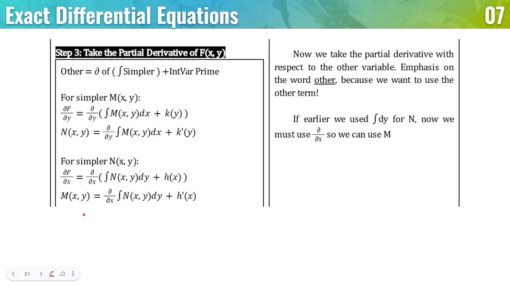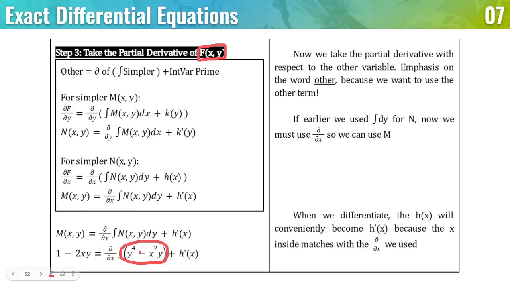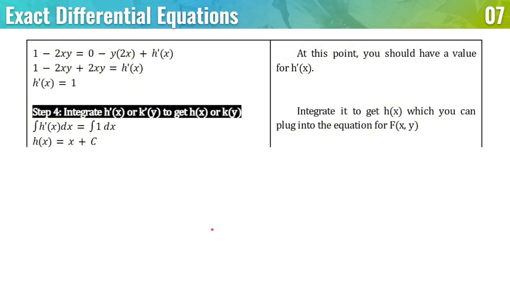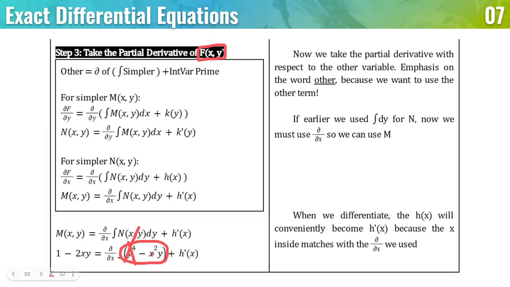So now, let's see. I'm getting the partial derivative of y to the fourth minus x squared y with respect to x. We don't need this part anymore. We only need negative x squared y. So now you can substitute this here.